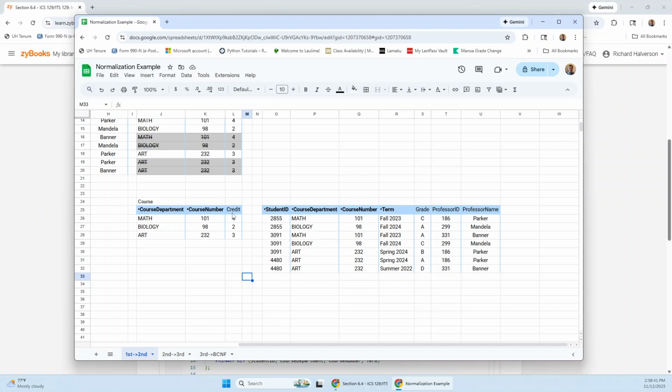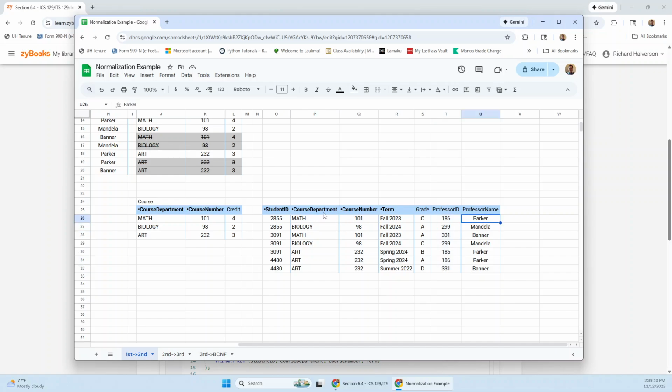This non-key column depends on the whole primary key, of course, and this one depends on the student ID plus the course plus the term. The student can take the same course more than once, but they'd have to be in different terms. The professor ID is assigned by course.